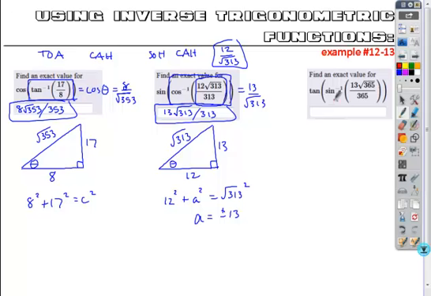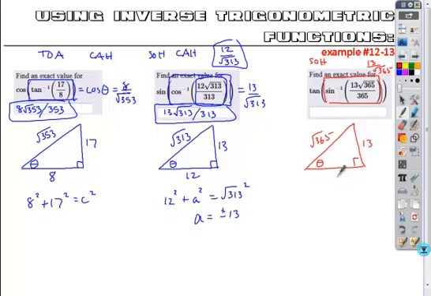If we use this relationship inside to identify a right triangle that fits, so we know that the sine, which is opposite over hypotenuse, is, and again this is equivalent to 13 over root 365. So the opposite is 13, the hypotenuse is root 365.